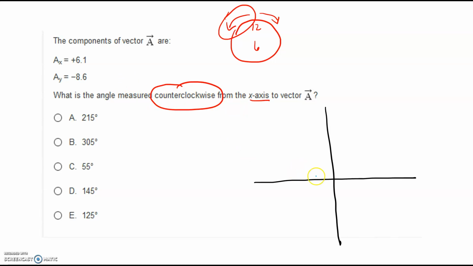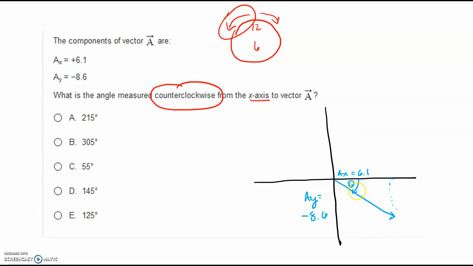So I know that AX is equal to 6.1, and I know that AY is equal to negative 8.6. And what I did was I found this theta.